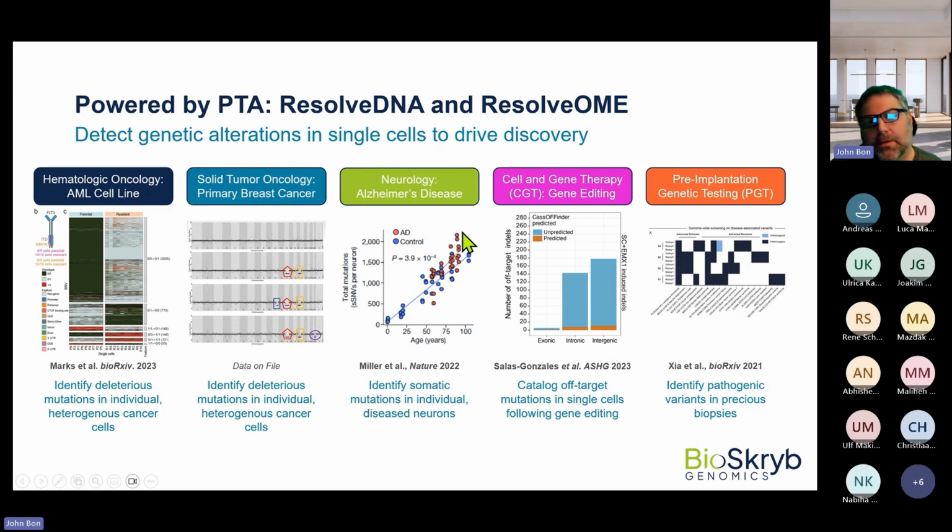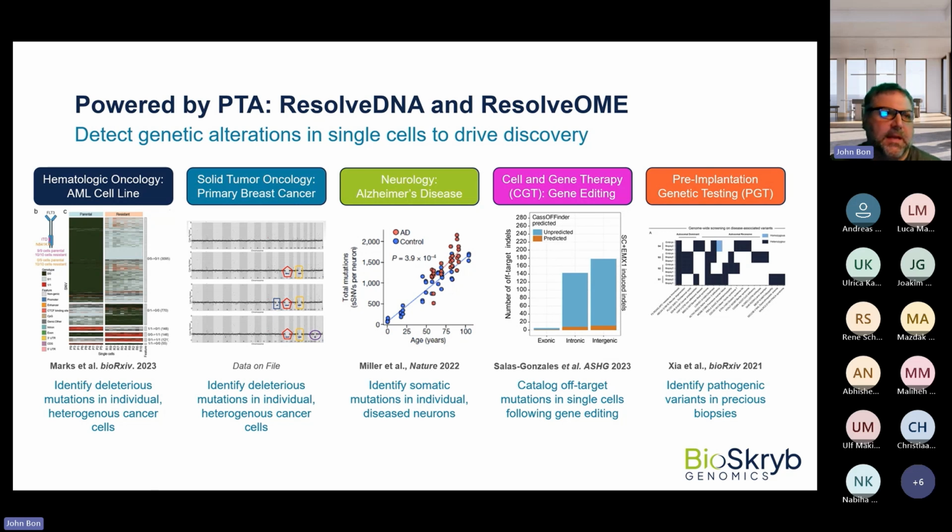Neurology is a very big application. Looking at normal neurons in the same patient, and at cell-to-cell or tissue heterogeneity from different parts of the brain, has been done and published, as well as comparing diseased neurons to normal neurons, and looking at age.